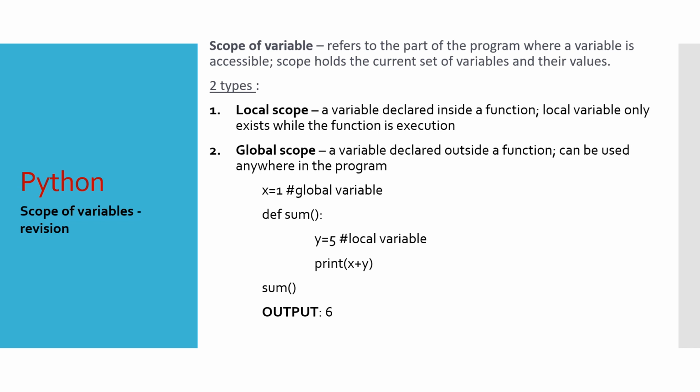So if anyone else needs to use the y value, they cannot access it because y is now inside a function, and hence its scope is local. Okay, but now with x and y, you can create a print statement, and when you call sum, automatically the answer will come as 6. So that's how it is used.